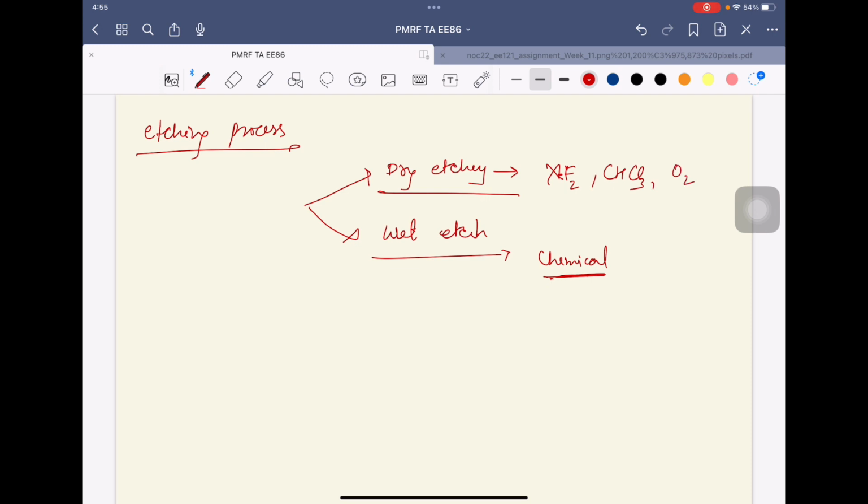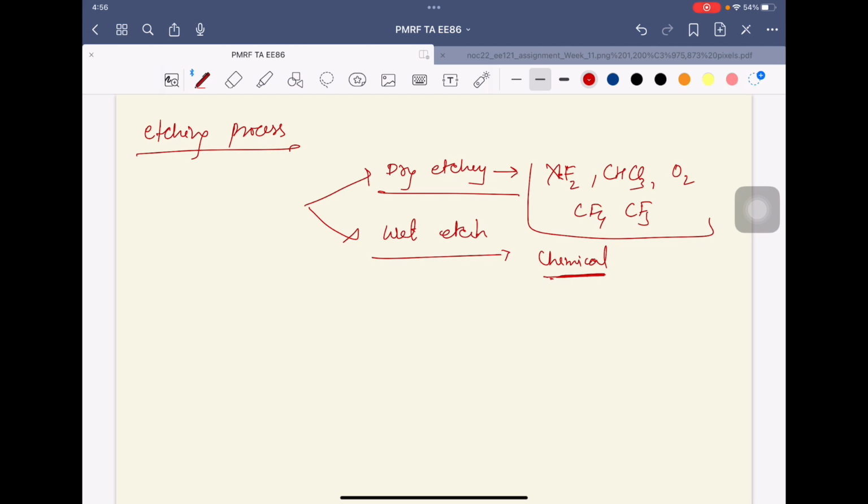Some materials can be etched with only oxygen, and CF4, CF3. All these gases are used to etch the material depending on the material. So we have to read some reactions, for example with silicon, to choose the gas and all these things.